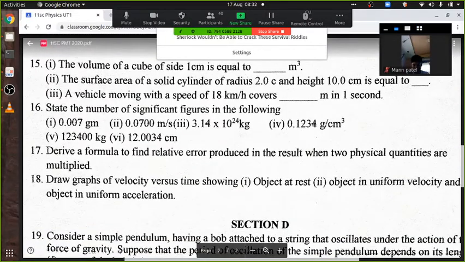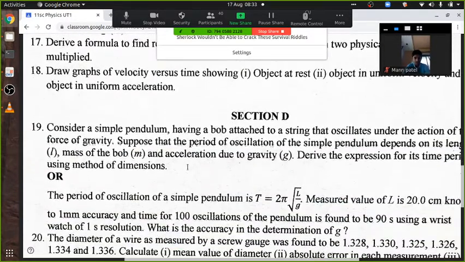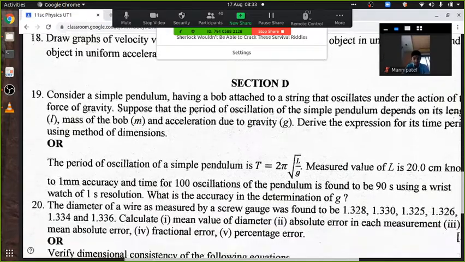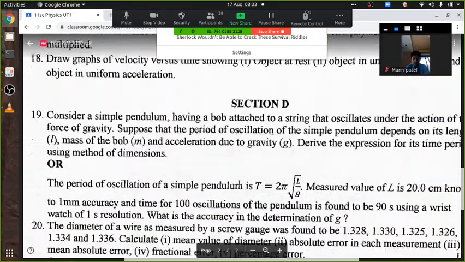In this question, once you derive this formula, you have to write it in words: relative error in the final result is equal to the sum of individual relative errors. This was mostly correct. Okay.